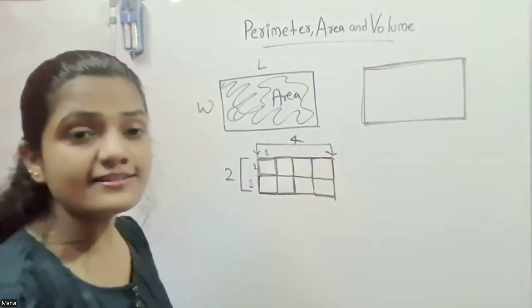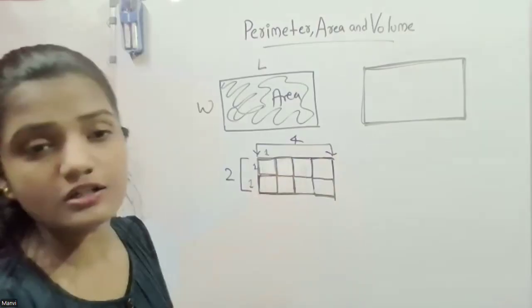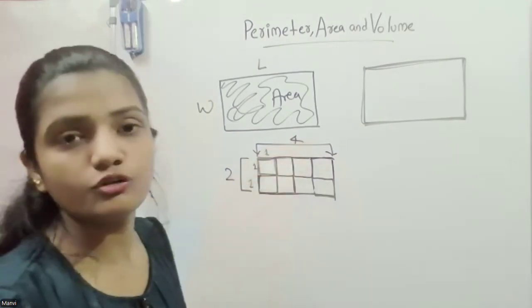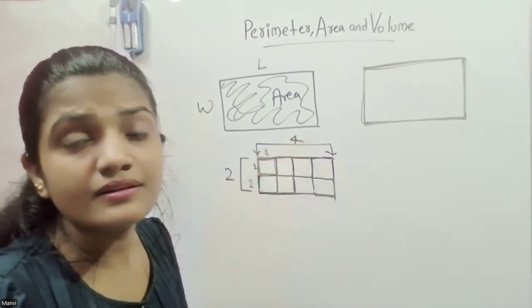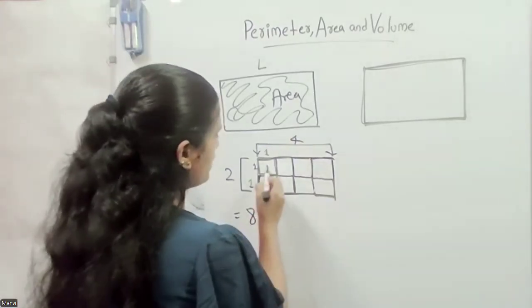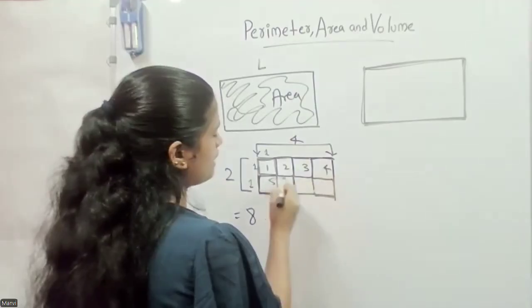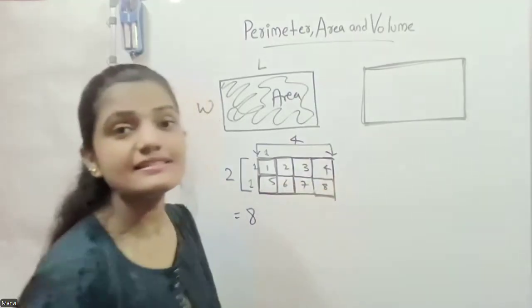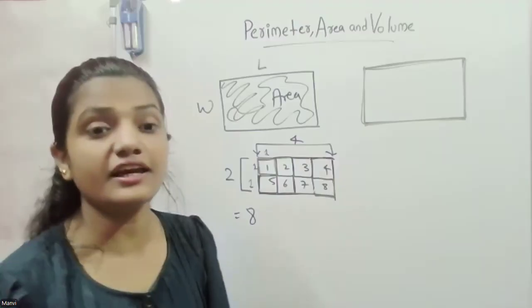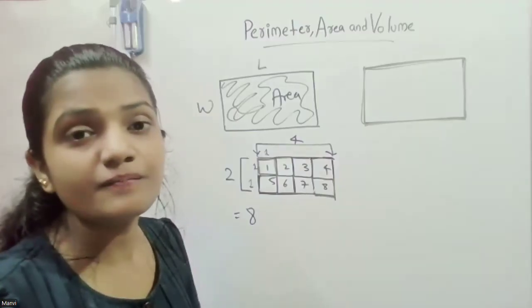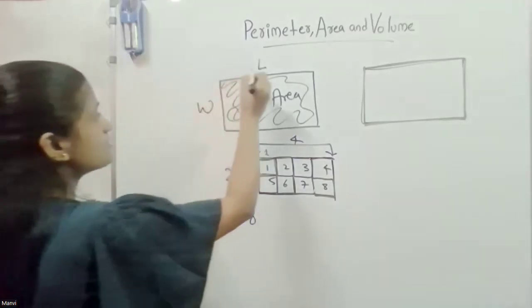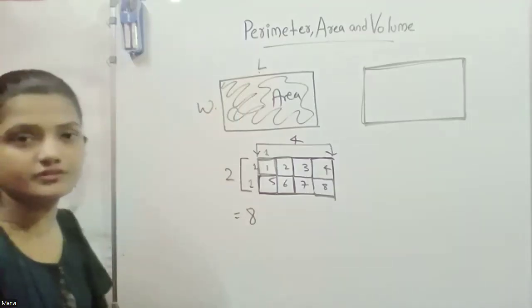So if I ask how many cube boxes we needed, you can simply say 4 times 2, which is 8. And if you count, 1, 2, 3, 4, 5, 6, 7, 8, means 8 boxes. That is nothing but area. To calculate area, we need the length times its width.